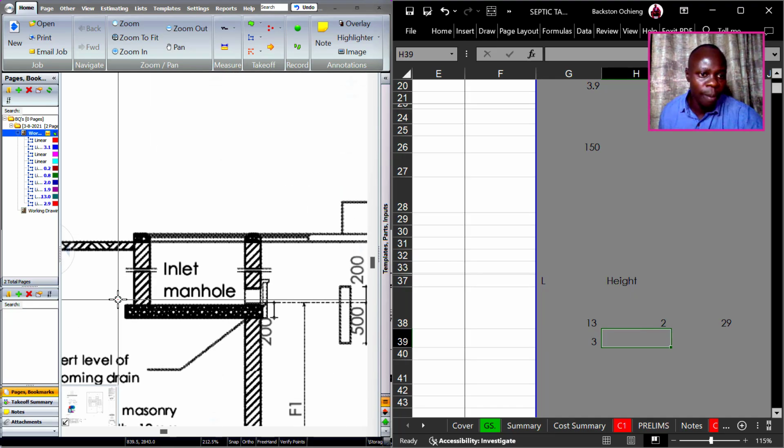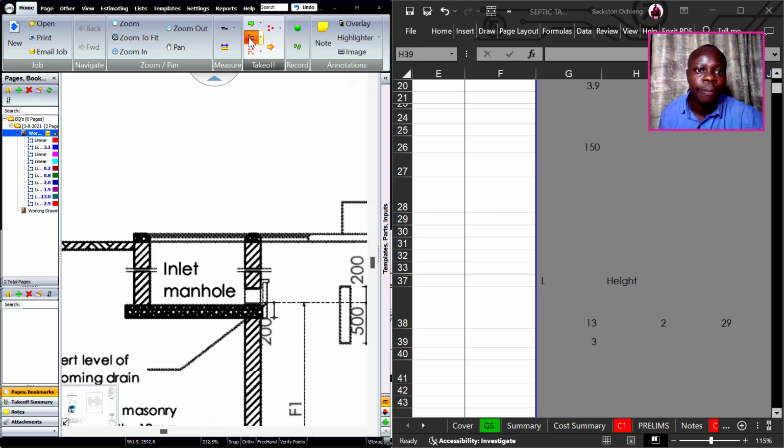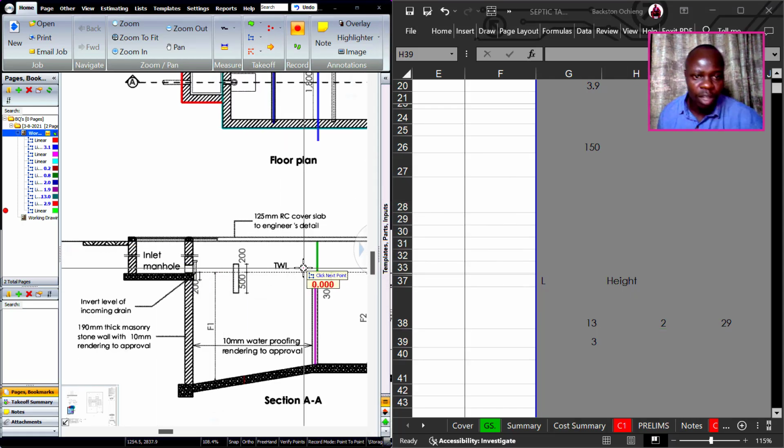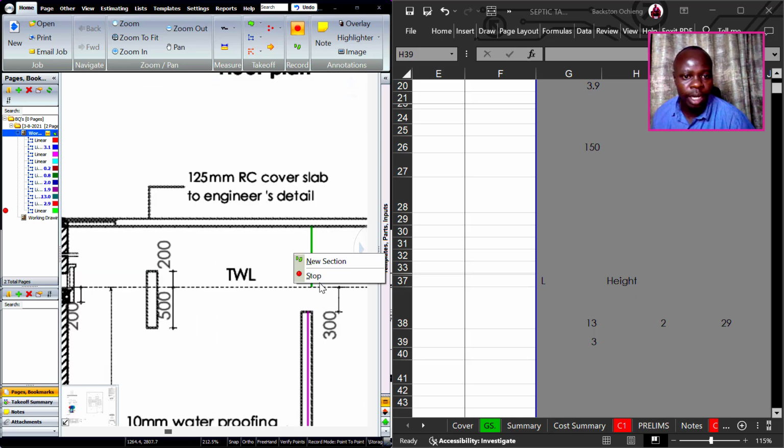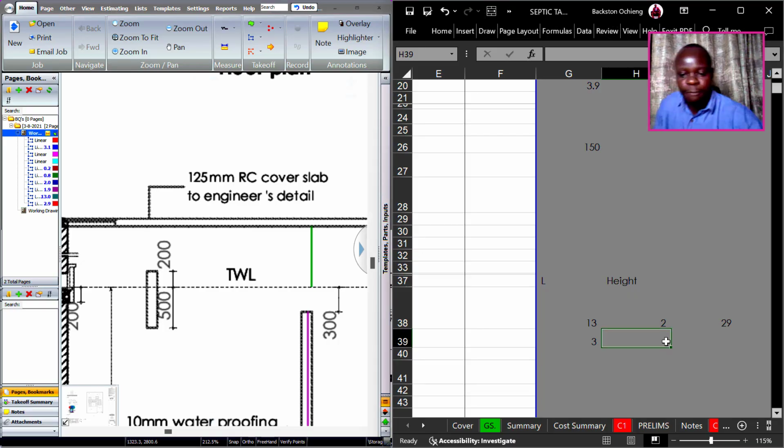Okay, so this is 2.86, and then the height. What is the height of the manholes? Let's see. Heights we have actually measured, and that came to 0.75. So you remember there are two of them.